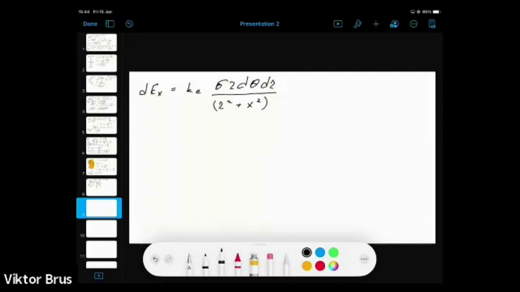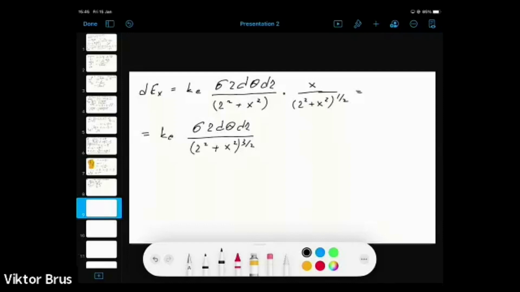And instead of cosine alpha, we have x divided by r squared plus x squared to the power of 1/2. So if we put it all together, we get the final expression for dEx, which is ke sigma x r d theta dr divided by r squared plus x squared to the power of 3/2.